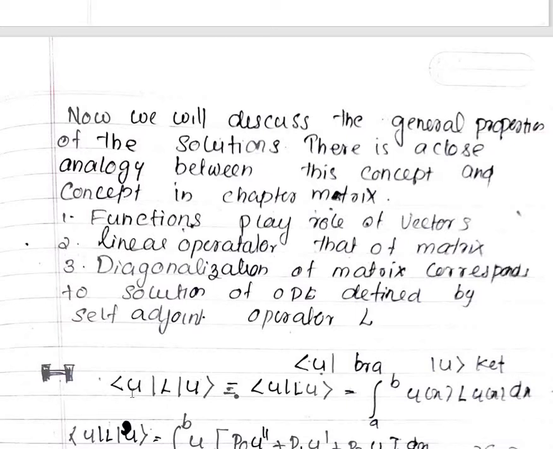So in the bracket notation, <u|L|u> gives u into Lu, that is equal to the integral between the limits a to b of u(x) L u(x) dx. Here L is the differential operator.